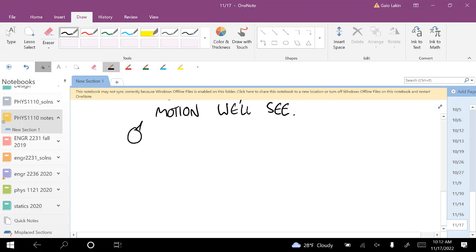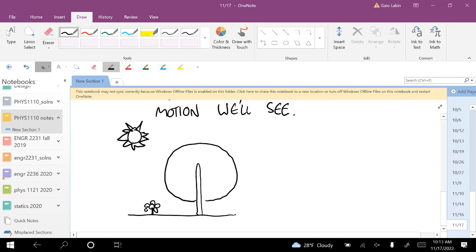And here they are. Here's the sky. That's the sun. Here's the ground. That's a flower. There's circular motion like this, like a Ferris wheel. And there's circular motion like this, like a merry-go-round.